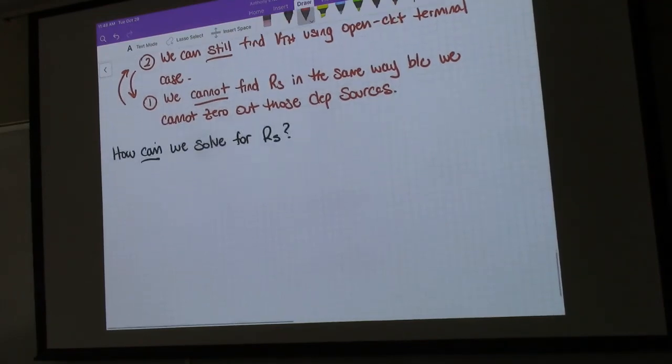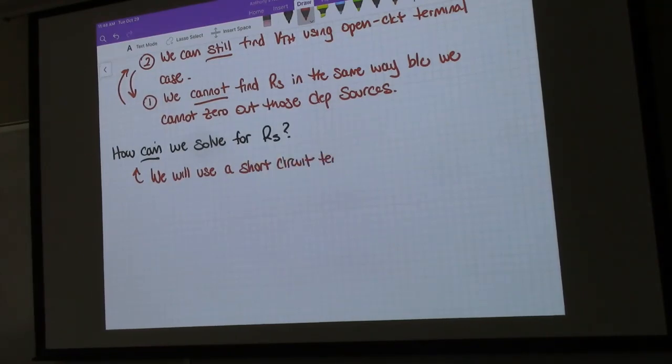What we're going to do, we're going to short the terminals of A and B. We're going to short A and B together, and then we're going to solve for what the equivalent resistance is in that case.